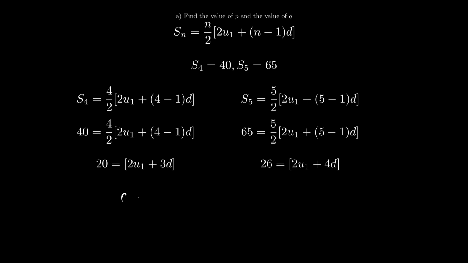The difference between these two equations you might be able to see is simply 1d, and that difference is equal to 6. Using this difference of 6, we can fill it into either one of the formulas and calculate out u1, eventually determining that u1 is equal to 1.